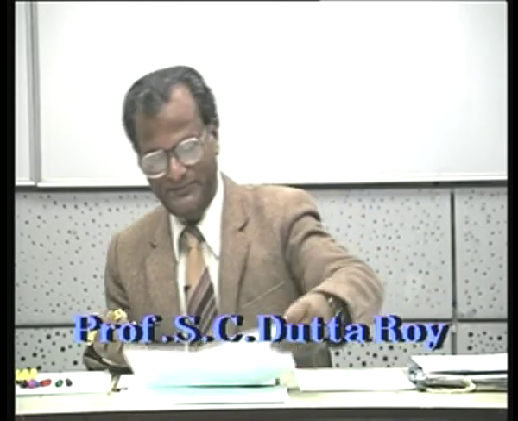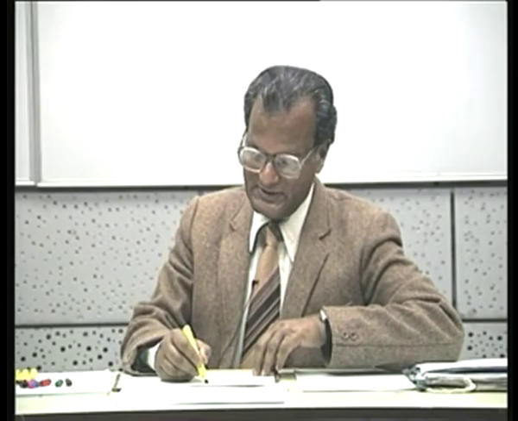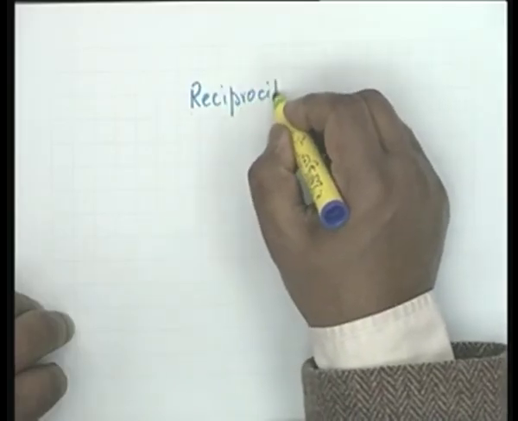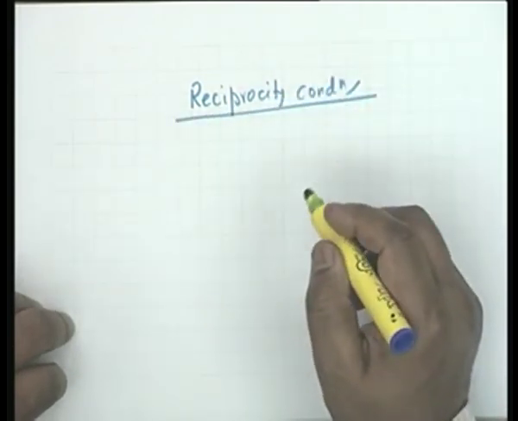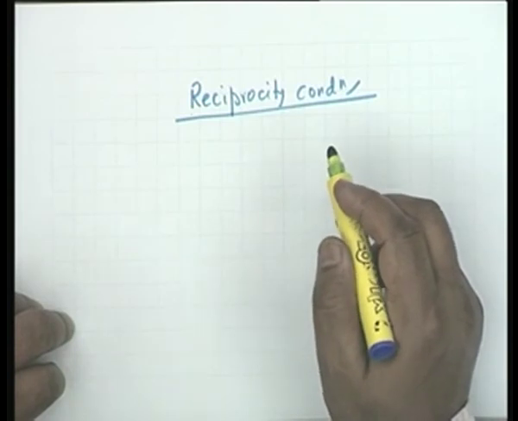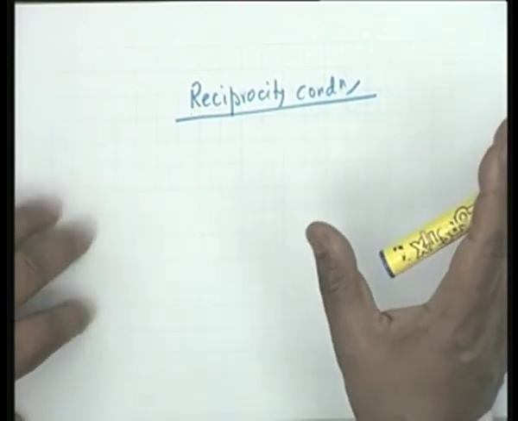Let us take now another important derivation, that is, what is the reciprocity condition in terms of ABCD parameters? For this we appeal to the network itself.